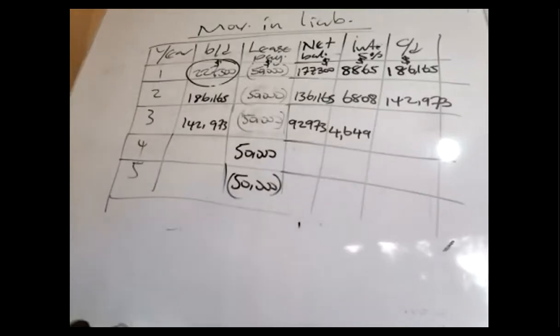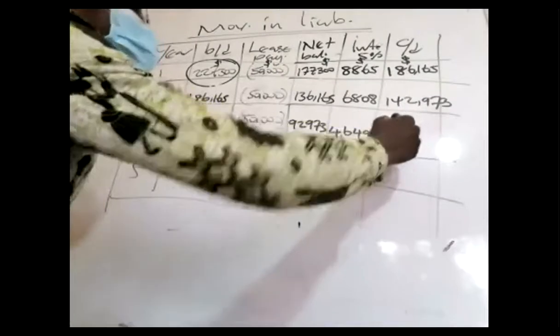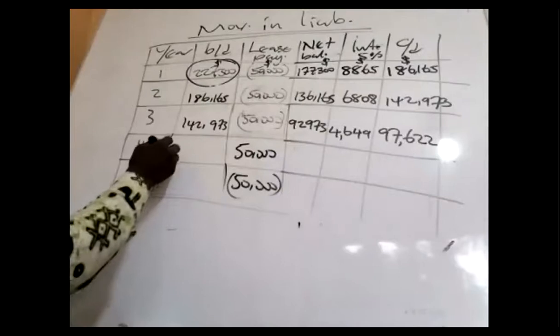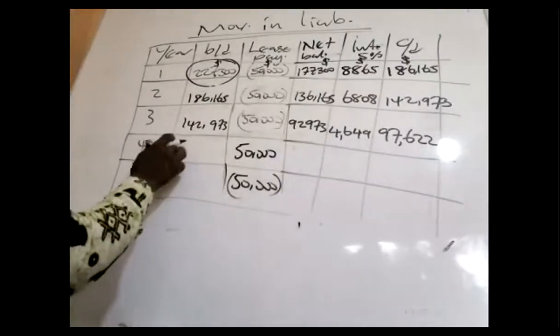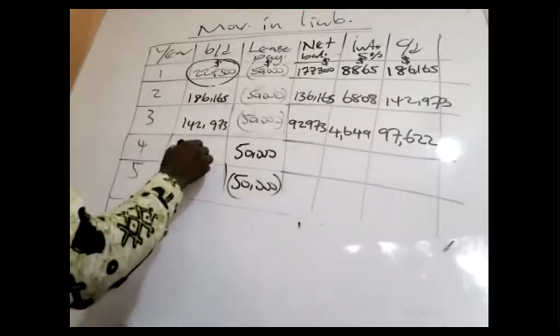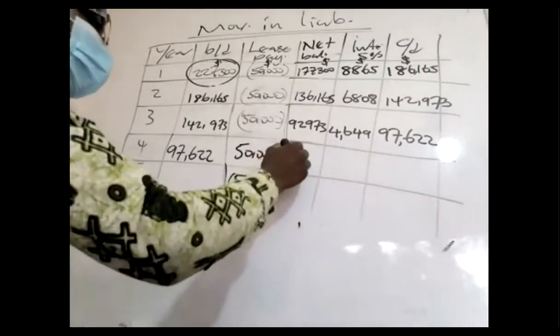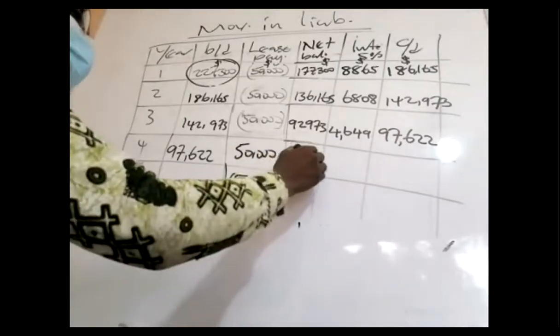Again, you add it back to this, and then you get a closing balance, and the closing balance will be 97,622 Ghana cedis. And that becomes the opening balance for the last year, 97,622. We take off 50,000, the balance will be 47,622. Perfect.